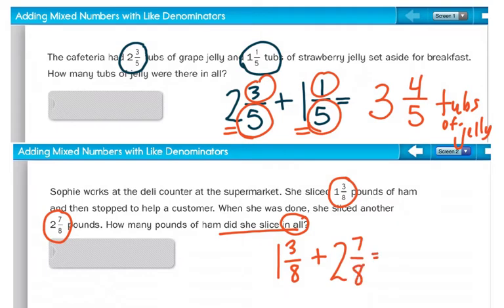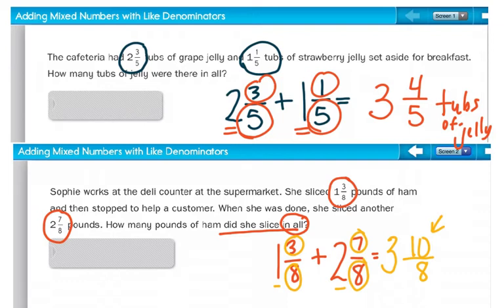The first thing I noticed is that the denominators are the same. We call those like denominators. So we're going to keep that 8. Let's go ahead and add: 2 plus 1 is 3. Then we just add the numerators since we have like denominators, and 7 plus 3 is 10. Now notice that numerator, the top number, is larger than the denominator.